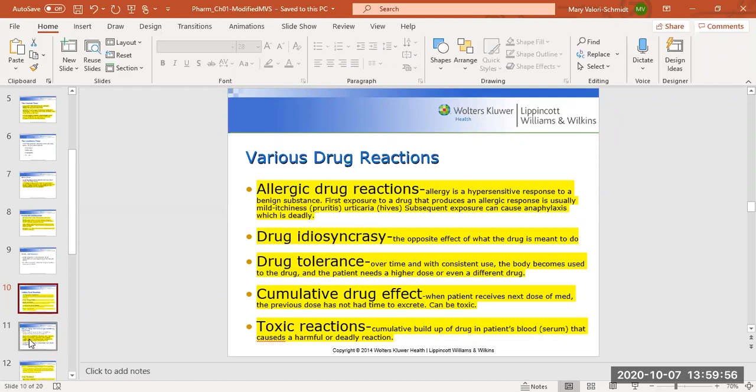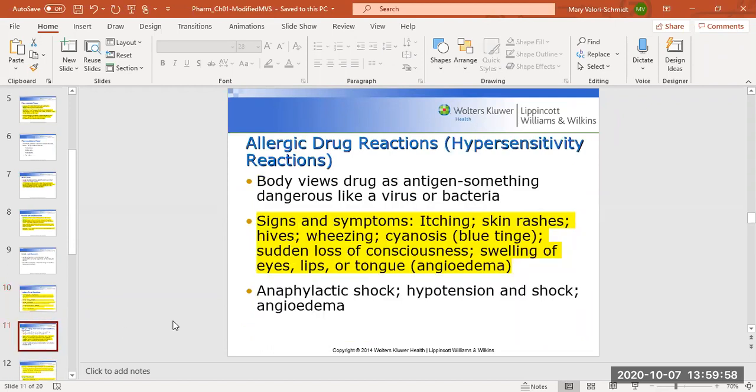So I'm going to expand on all of these a little bit. Allergic reactions. What happens is, and we don't know why, for some people, their body views that medication as an antigen, something dangerous like a virus or a bacteria.